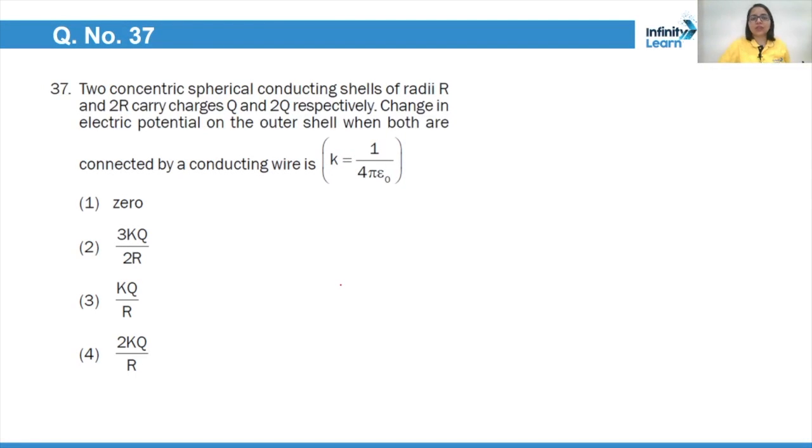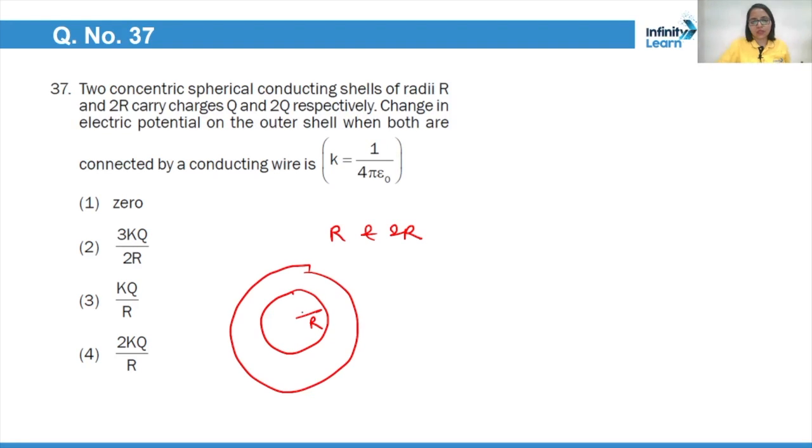Two concentric spherical conducting shells of radii R and 2R carry charge Q and 2Q respectively. Okay, this is of radii R and this is of radii 2R. The change in electric potential on the outer shell when both are connected by a conducting wire is.